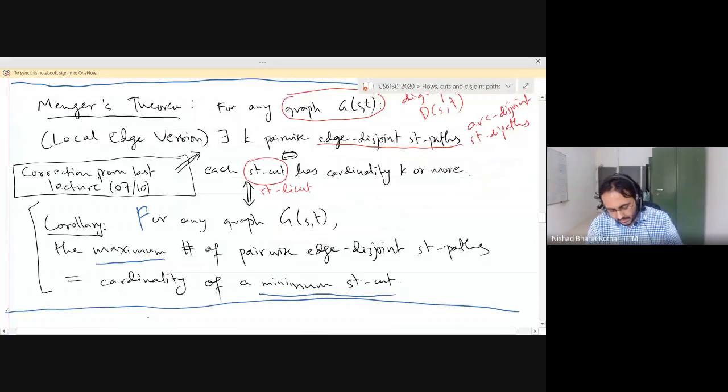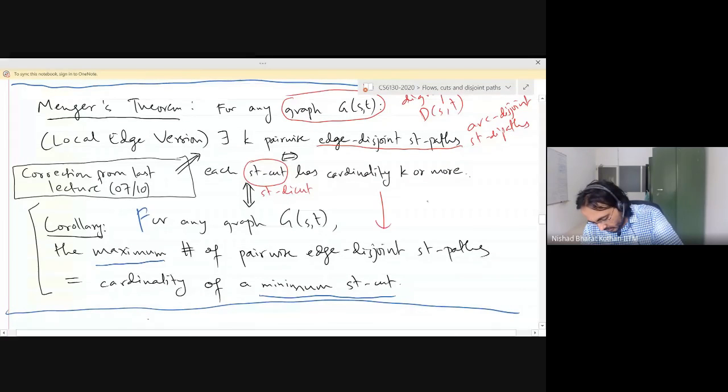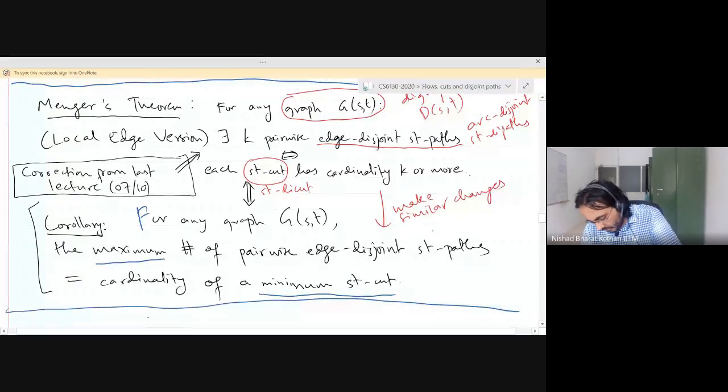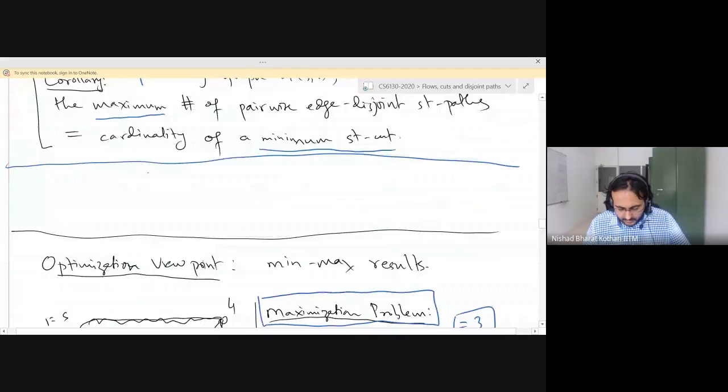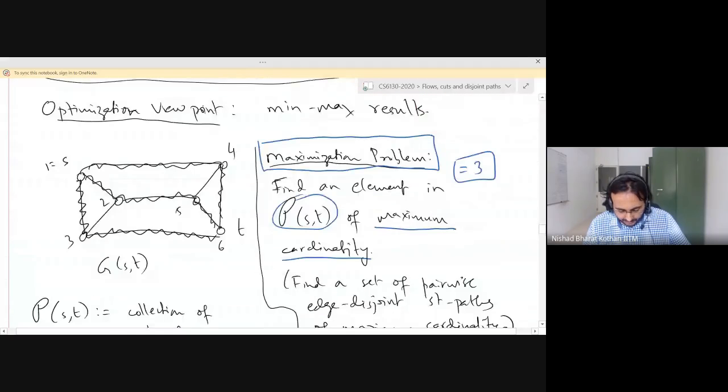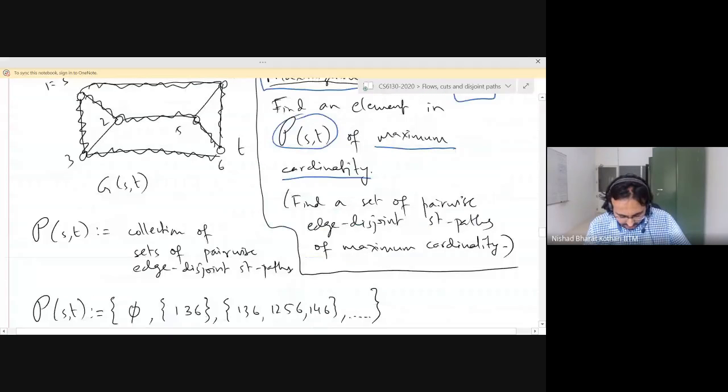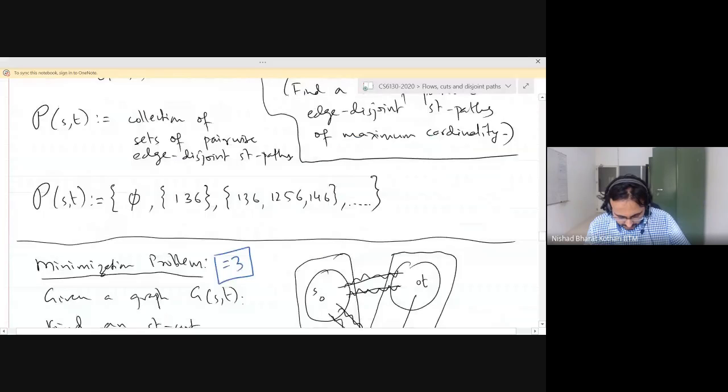You can make similar changes here. And then you can write down the optimization point of view, which we already discussed, the maximization and minimization problems.